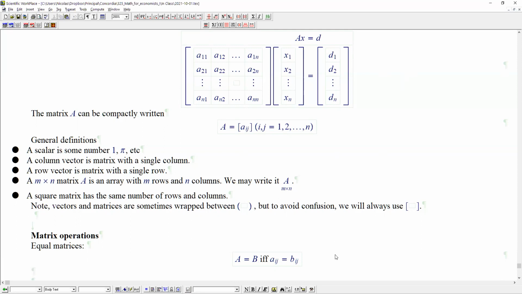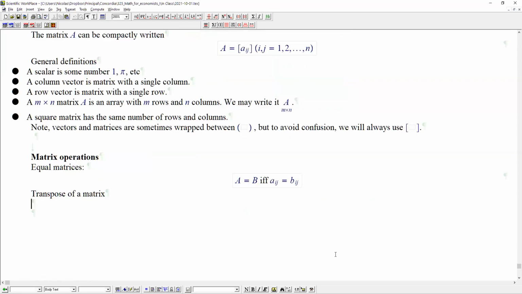Transpose of a matrix. You invert columns and rows. So we would write A prime. Sometimes you also see A T for transpose.